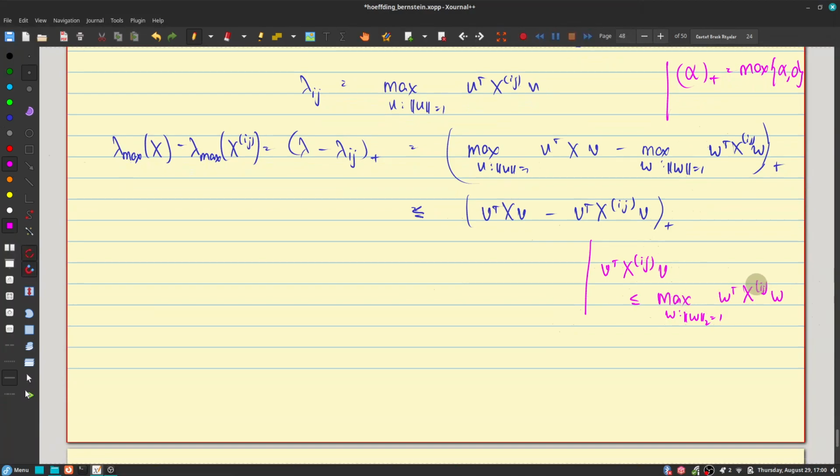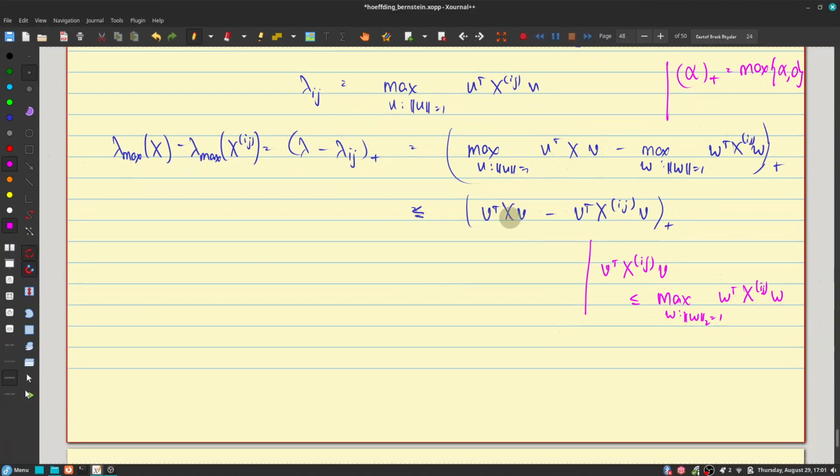Because after all, I'm obtaining this by maximizing over all W. So for a given W, it can only be less than or equal to the maximum. Correct? So the negative is greater than or equal to the negative of the maximum. And yes, I'm assuming it's the normalized eigenvector corresponding to the largest eigenvalue. That's what I'm assuming throughout.